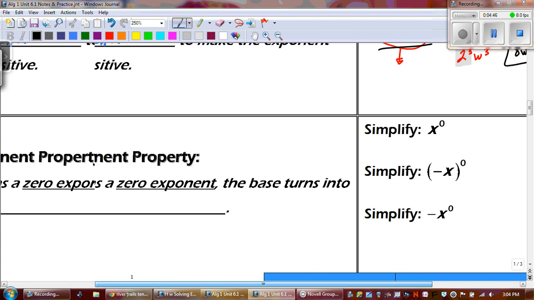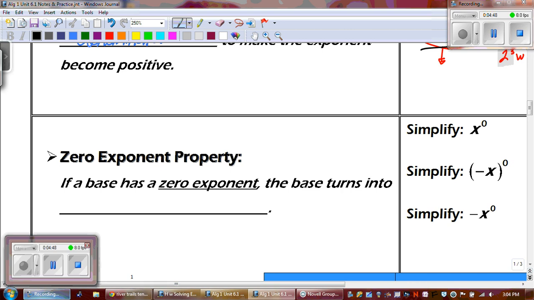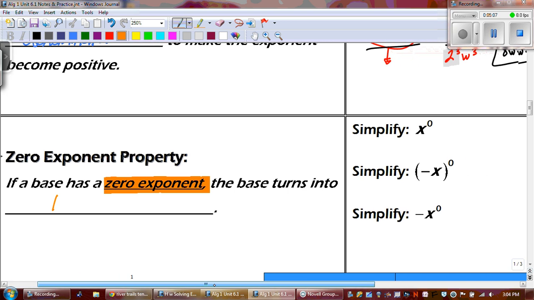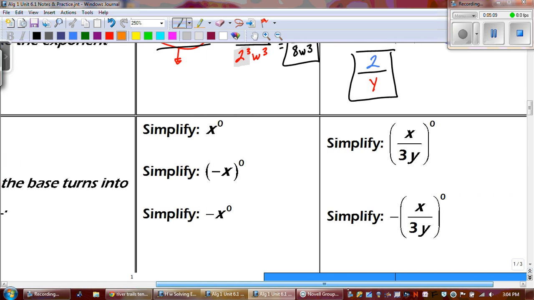Okay. Our next one is the zero exponent property. So if a base has a zero exponent, the base turns into 1. If your exponent's 0, the base turns into 1. There's the first part of the rap, okay?